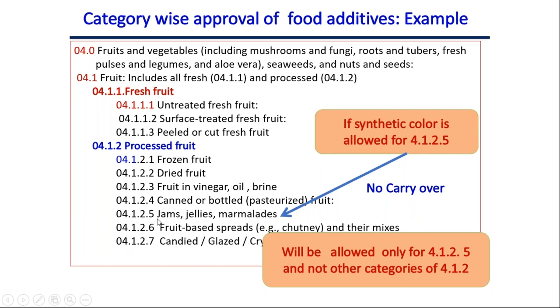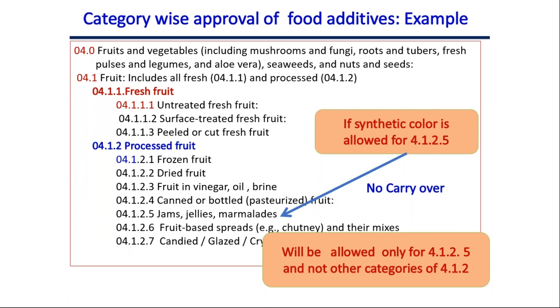Neither can I use it in 4.1.2.1. I cannot use it for a dried fruit. I cannot use it for fruit in vinegar or oil. So I can only use the synthetic color in jams, jellies, and marmalades. I can't use it in any of the other categories.